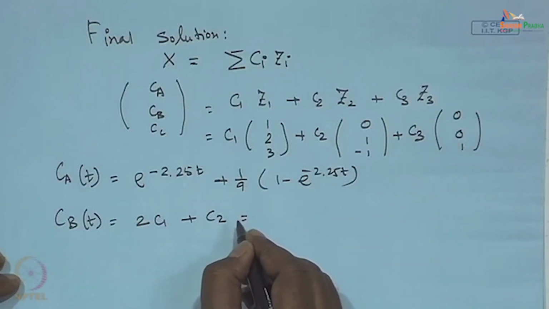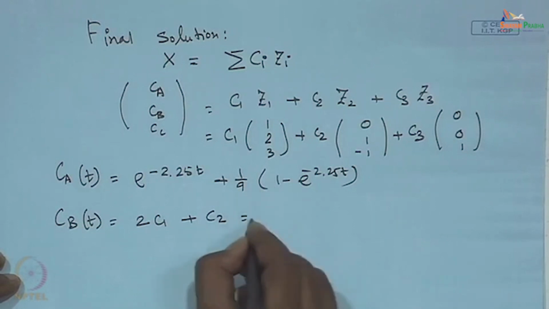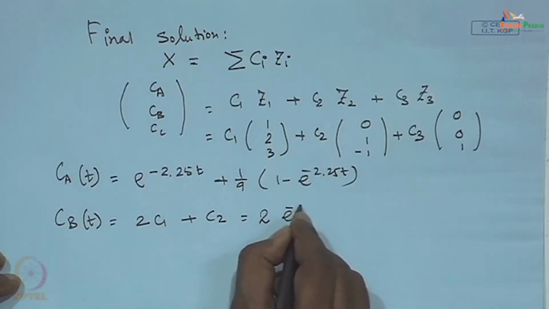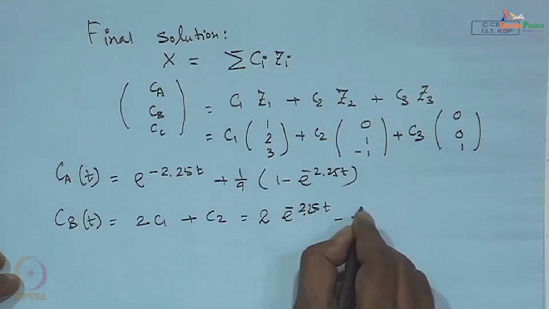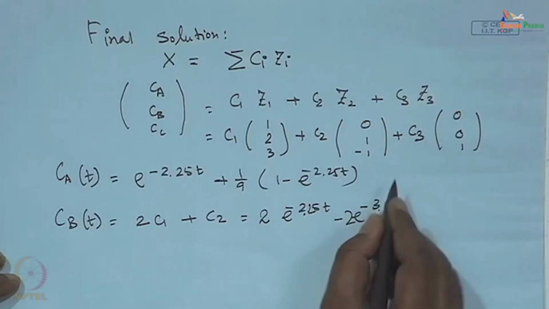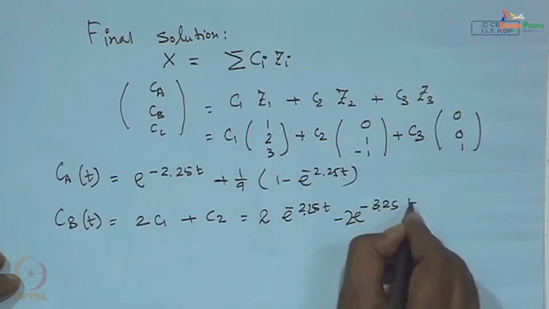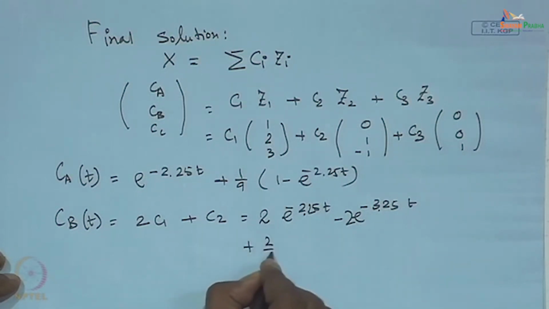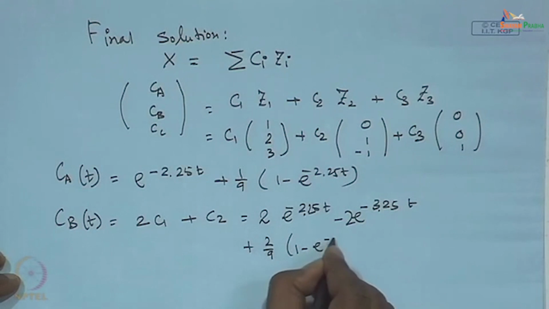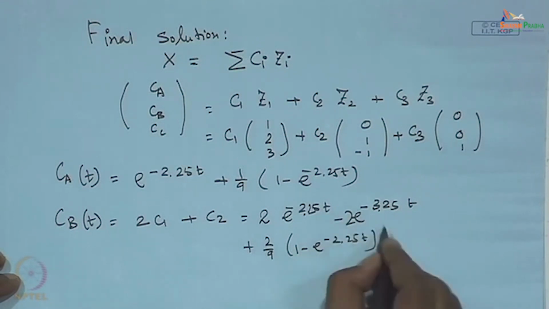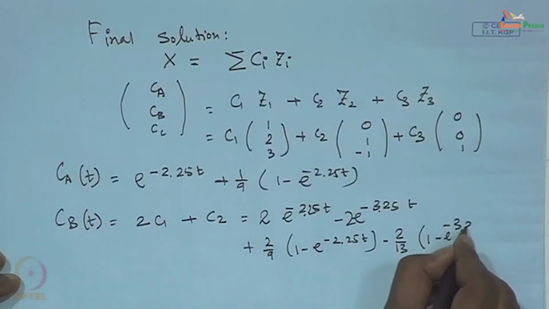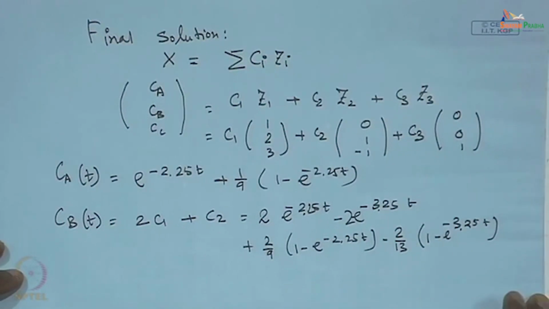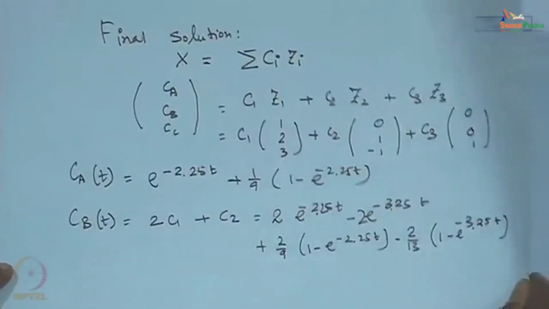So, we have already evaluated C 1 and C 2, put them here: 2 e to the power minus 2.25 t minus 2 e to the power minus 3.25 t plus 2 by 9 times 1 minus e to the power minus 2.25 t minus 2 by 13 times 1 minus e to the power minus 3.25 t. So, we can just simplify this equation and get the final expression of C B.